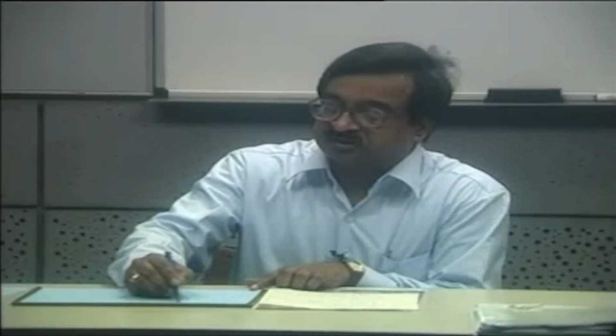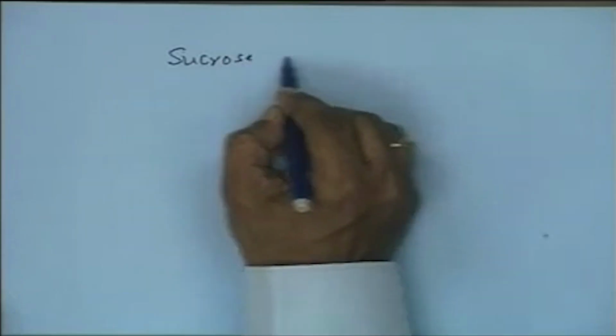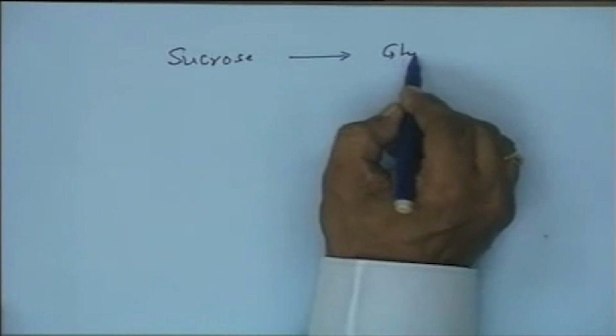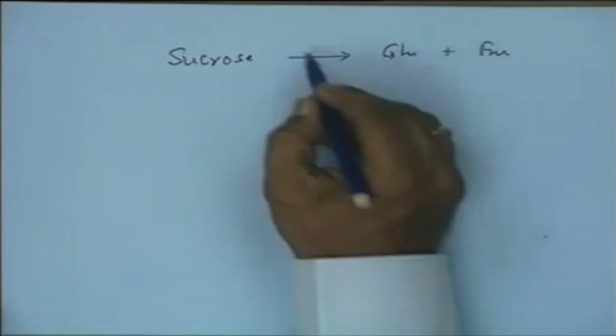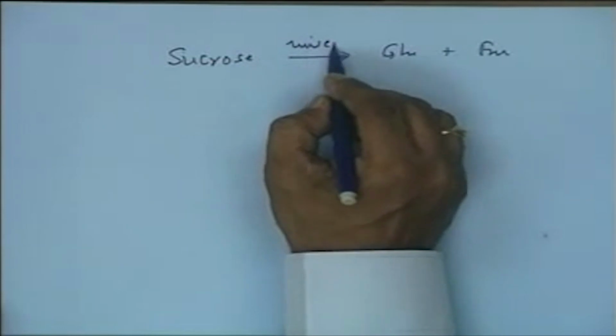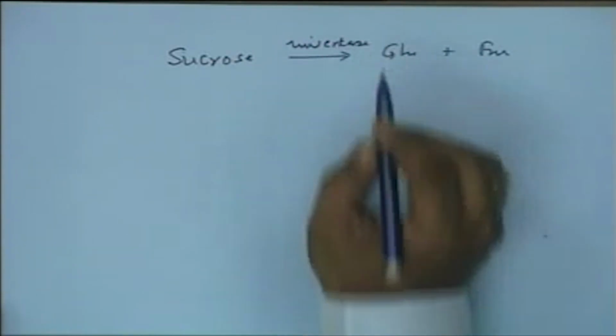In those days the alcoholic fermentation enzyme was called zymase, although that nomenclature is no longer valid. The first enzyme in the whole reaction sequence was invertase, which hydrolyzes sucrose into glucose and fructose, and that was a key enzyme which people were ready to study.